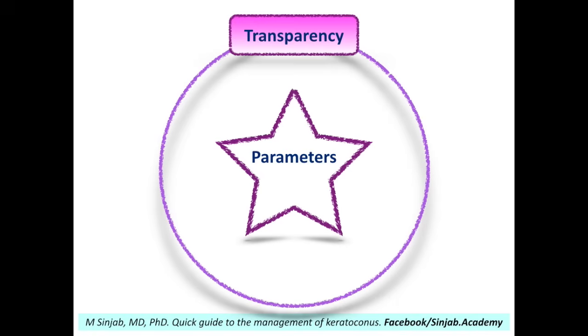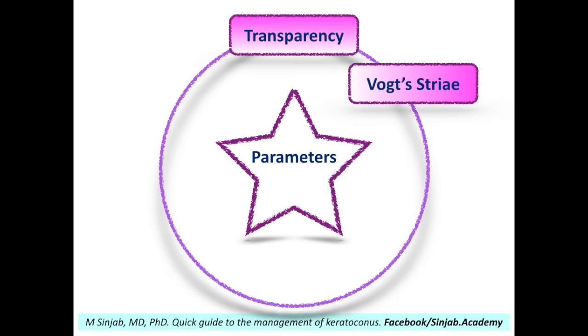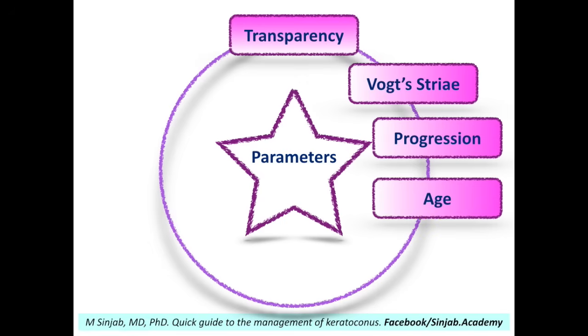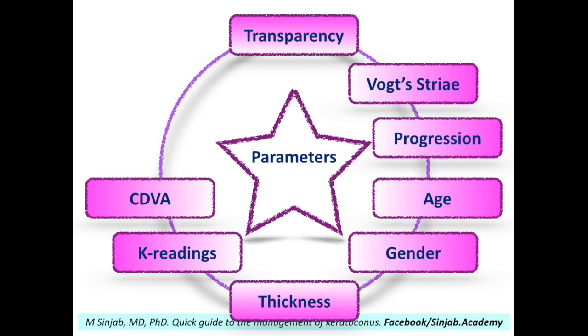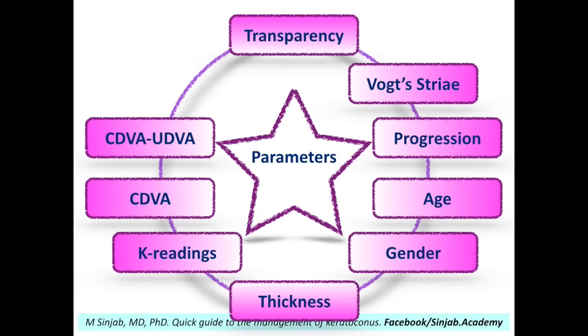We have transparency of the cornea, Vogt's striae, progression of the disease, age of the patient, patient's gender, corneal thickness, maximum K readings, corrected distance visual acuity, the difference between corrected and uncorrected distance visual acuity, and finally, refraction.